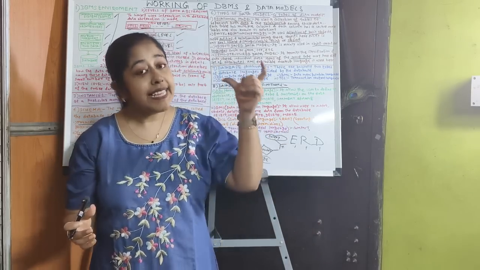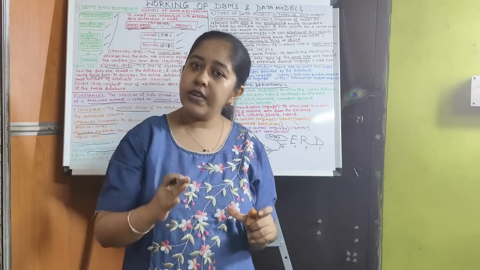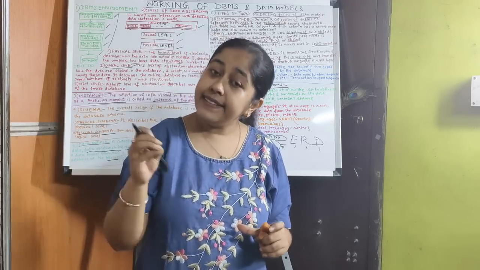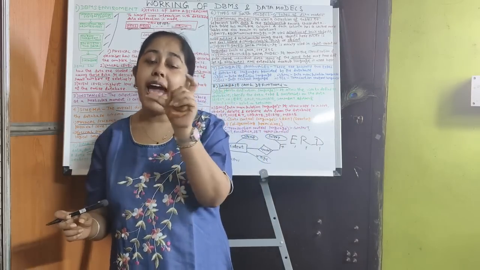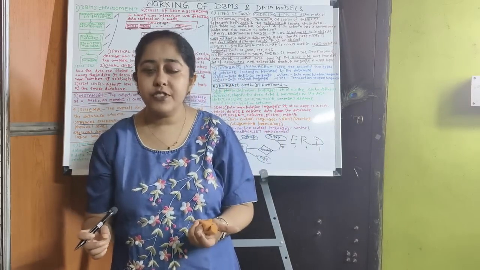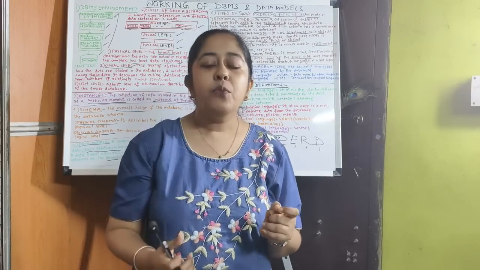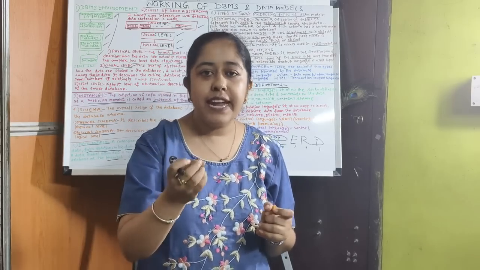So you can see that everywhere, when we are talking about different data models, each and every data model will have some specific language which is required to get the result. What is the result desired by you?